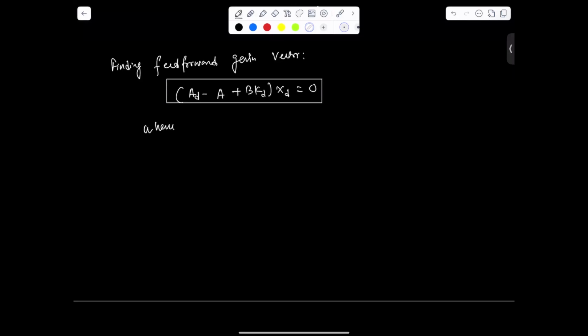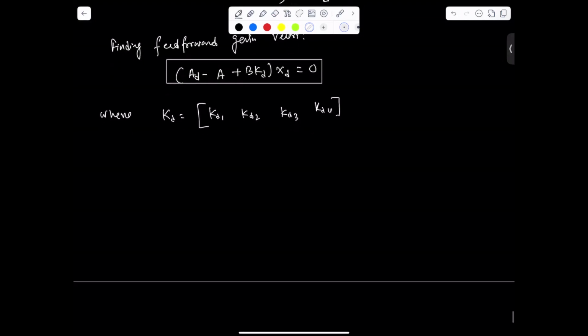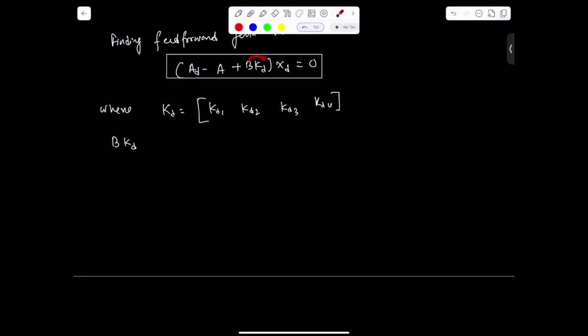Here we can write KD equal to KD1, KD2, KD3, and KD4. This is the feed-forward gain vector. BKD we have to find, because we have the BKD term here. B is given to us as 0, 0, minus 1, 1.